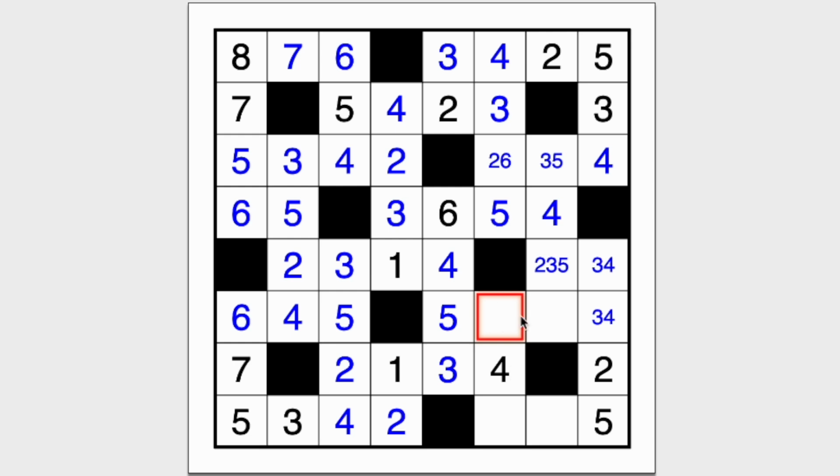This can't be any higher than a 6. Neither of those are very constraining. Let's see. If this is a 5, that makes this a 3, which makes this a 6 or a 2. That's fine.